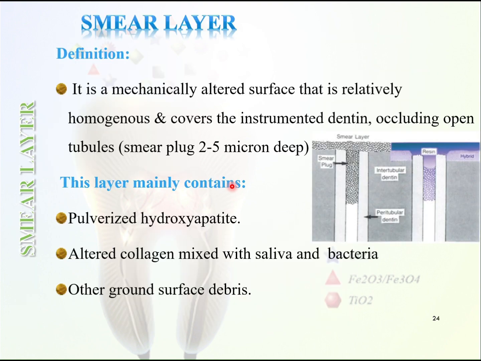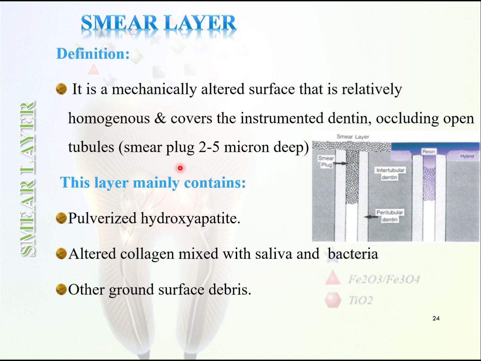So one more thing which is mainly dealt with while etching or applying bonding agent to the dentin is the smear layer. Smear layer is nothing but a surface which is created when you are altering the dentin using some instruments, and it will cause a homogeneous altered surface that covers the instrumented dentin and occludes the tubule openings.